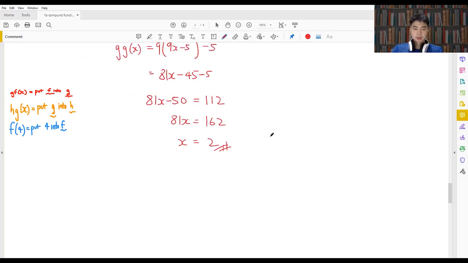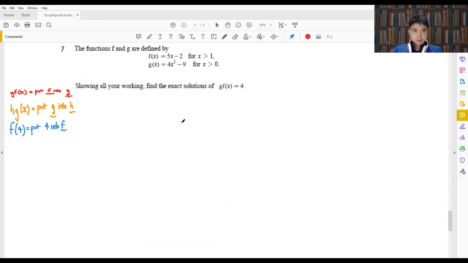Okay. Another example here. The functions f, g are defined by this and this, showing all your working. Find the exact solution. Again, they're asking for exact solution, okay, of gf(x) equals to 4. Now, let's find the composite function of gf(x) first. It's actually equals to 4 multiplied by (5x minus 2) squared, minus 9.